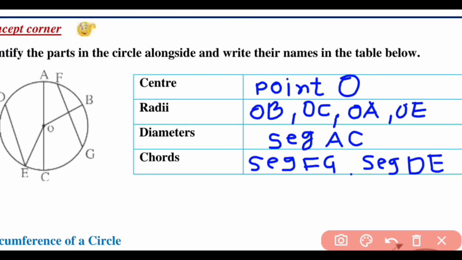You can write diameter AC also as a chord because diameter AC is also one of the chords of the circle. It is the longest chord of the circle. So in this way you have to write this table from concept corner in your notebook. Now let us see next what is given.